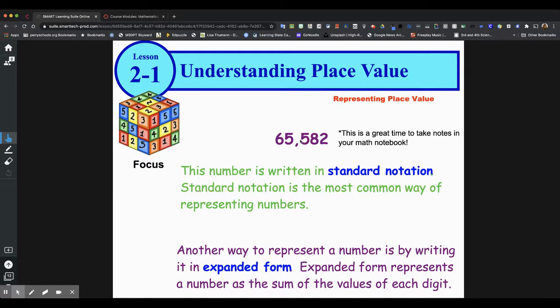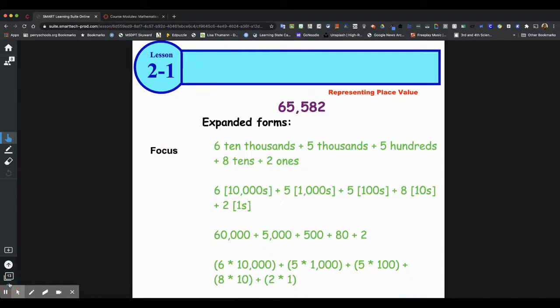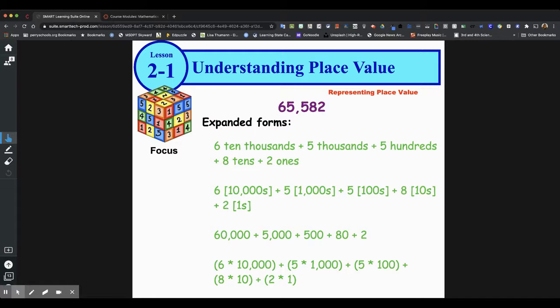So before we move on, I remember at the beginning I said 60,000. So the 6 is worth 60,000. What would the other digits be worth? Here we have 4 different representations of expanded form. We have 6 10,000s plus 5 1,000s plus 5 100s plus 8 10s plus 2 1s.